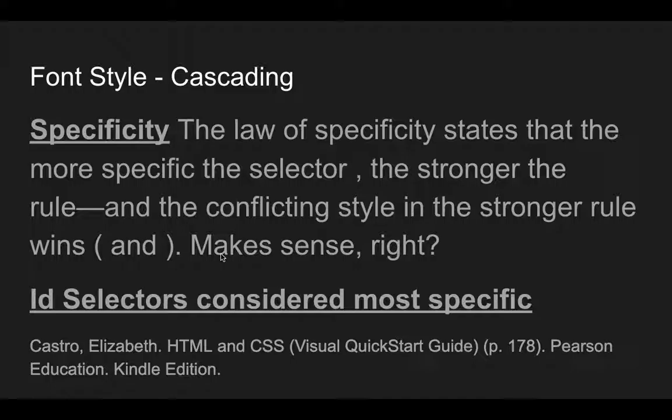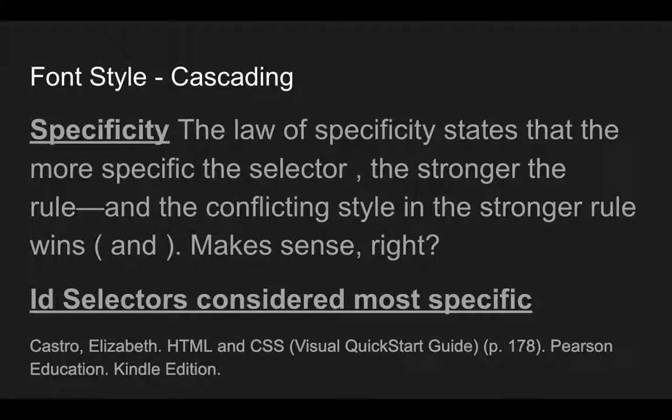All right, so this gets to specificity. The law of specificity states that the more specific the selector, the stronger the rule. And in a conflict between styles, the stronger rule wins.